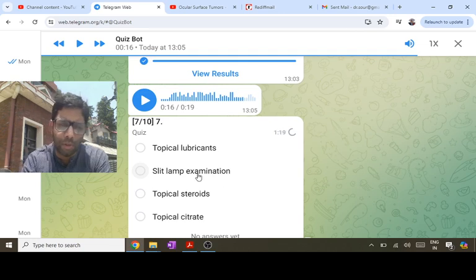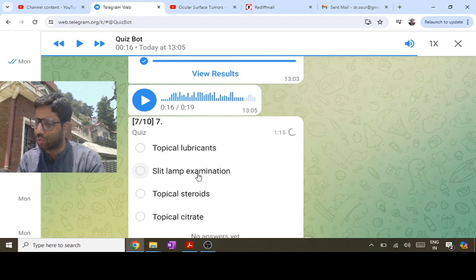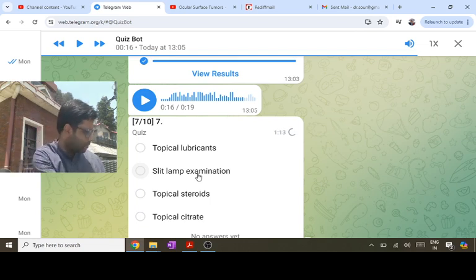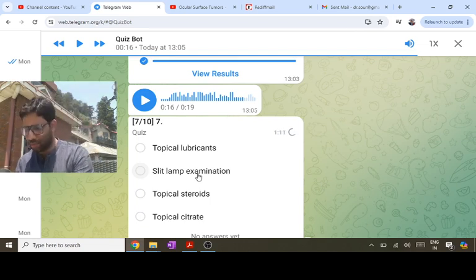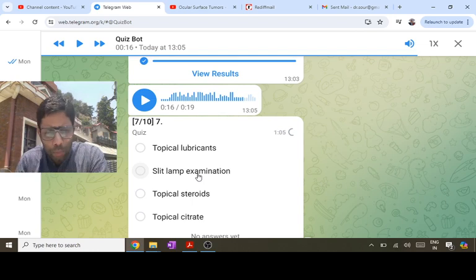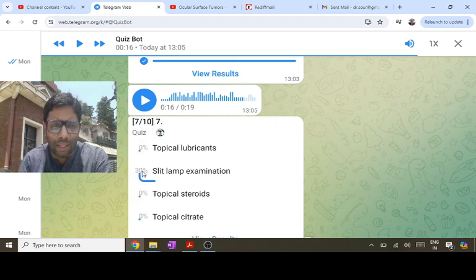Second, you do slit lamp examination to know the extent of the injury. Then topical steroids are given in early stages to decrease inflammation. Topical citrate and ascorbate are given to increase the strength of the cornea, and lubricant is also given for symptomatic treatment. So next is slit lamp examination.